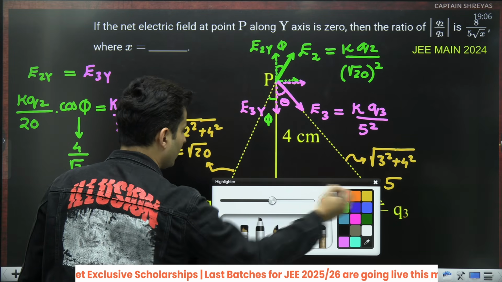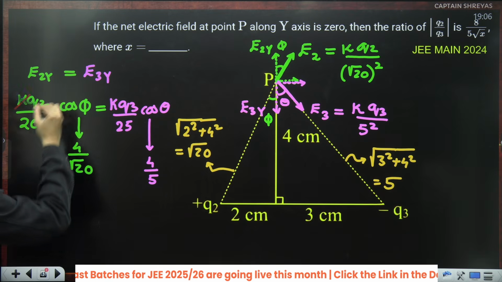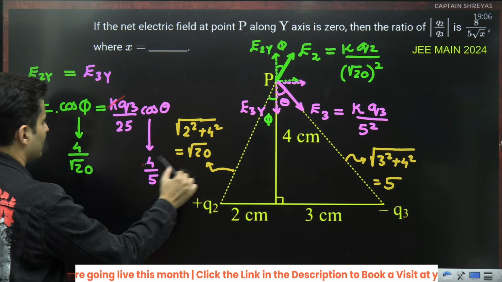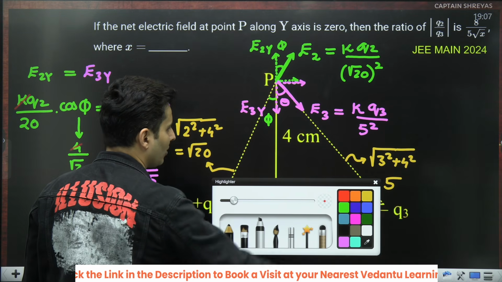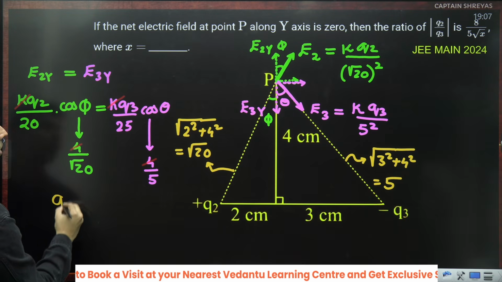Interesting thing to note is that a lot of things get cancelled, like this k and this k will get cancelled, and you will probably see even this 4 and this 4 will get cancelled. Solving this, obviously you are going to end up with the ratio. What is it?